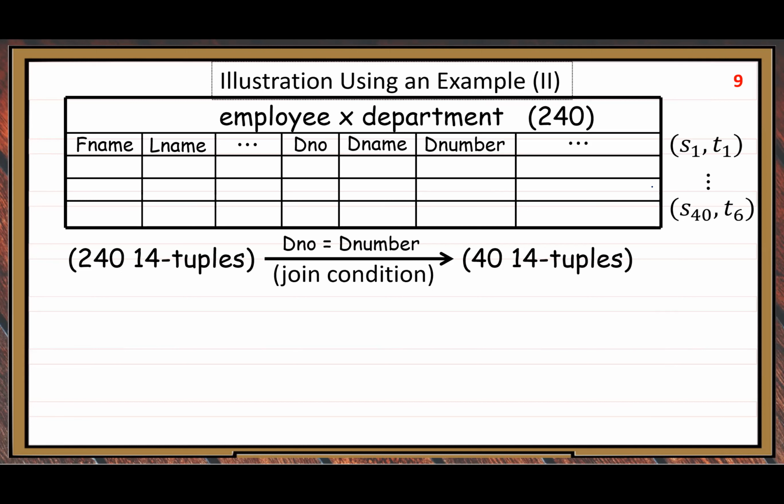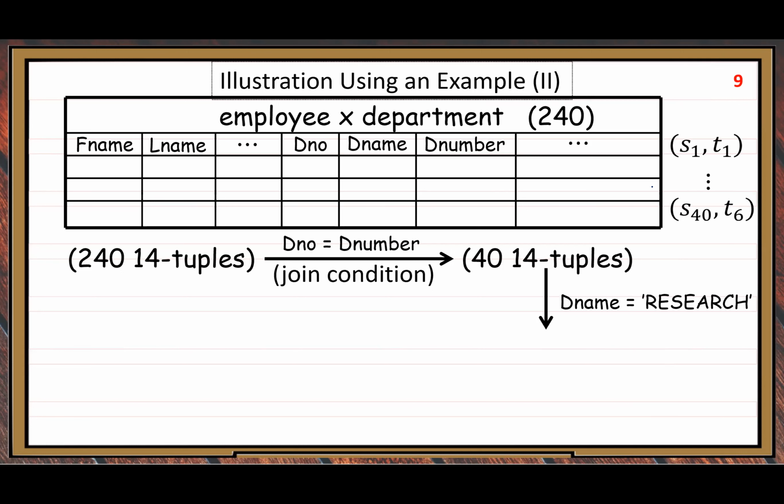Each employee is joined with one department, because one employee can only belong to one department. That's why you have 40 tuples after the join condition.